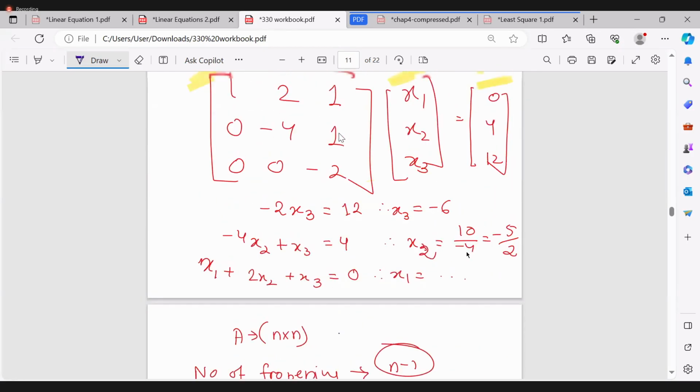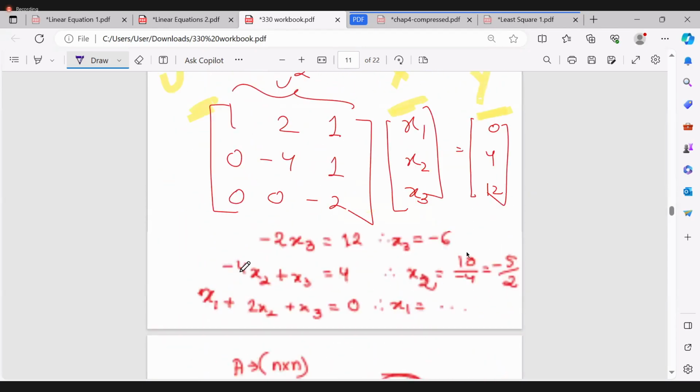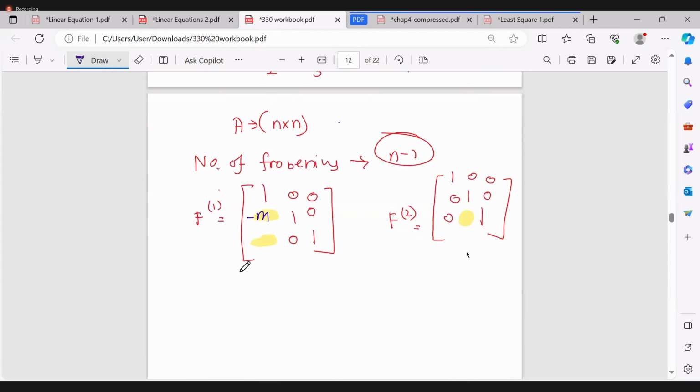So in this first method, you wrote the multipliers directly. However, here you will write the multipliers in a negated form.